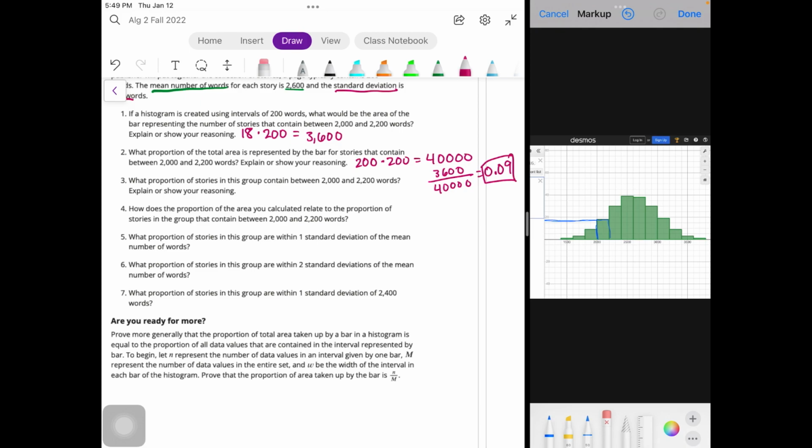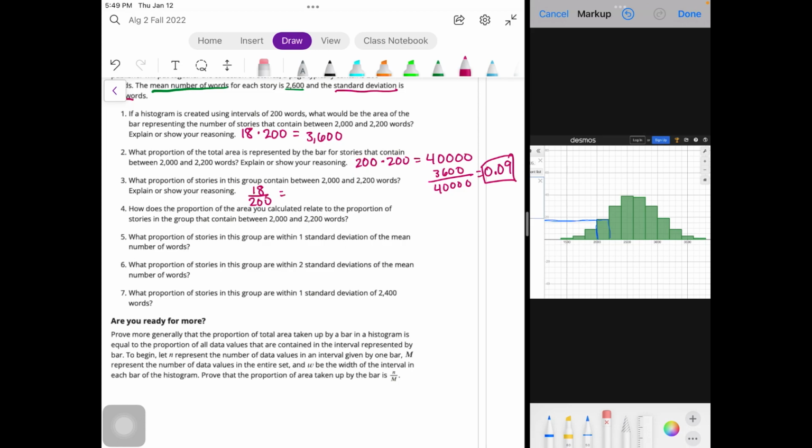All right. So what proportion of the stories in this group contain between 2,000 and 2,200 words? There are 18 stories, and there are 200 stories total.